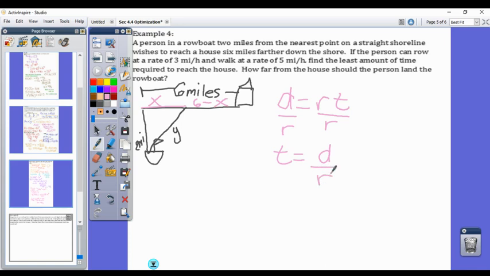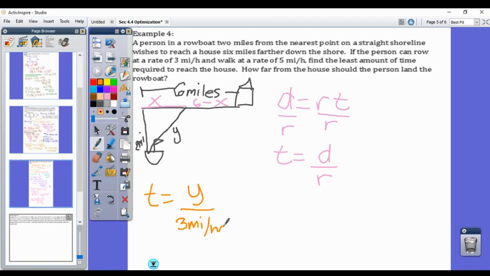If you're thinking about this problem, the person in the rowboat is going to have to row for some length of time along this y distance. So the time it's going to take the person to get all the way to the house is y rowing that distance, and he can row at a rate of 3 miles per hour.